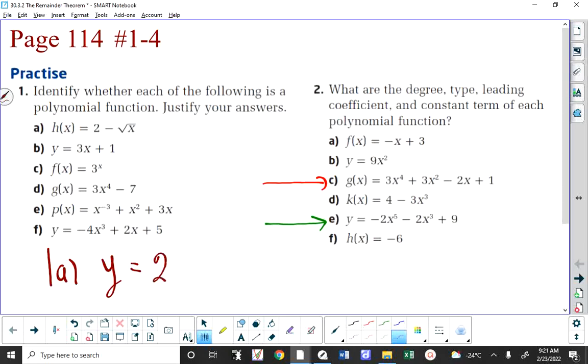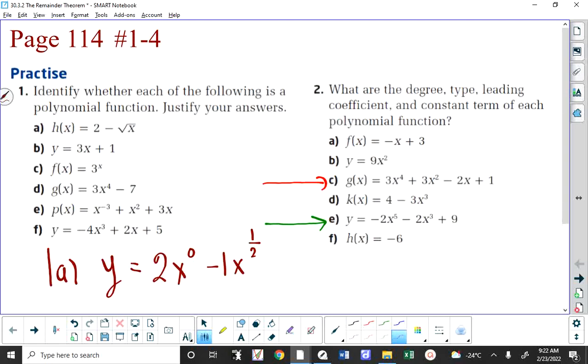We have 2, which is a polynomial term because it can be written as a real number times the variable raised to a natural number. Minus root x can be written as minus 1 times x, and a square root translates as an exponent of 1/2. 1/2 is not a natural number.